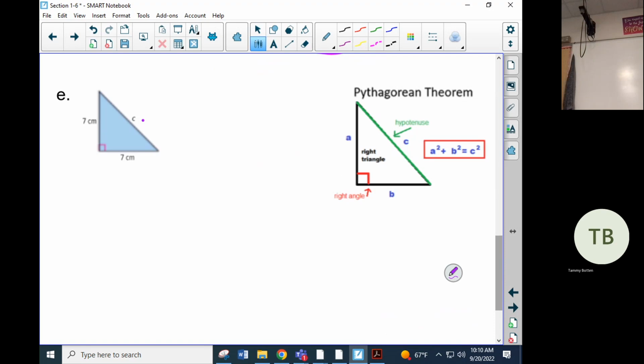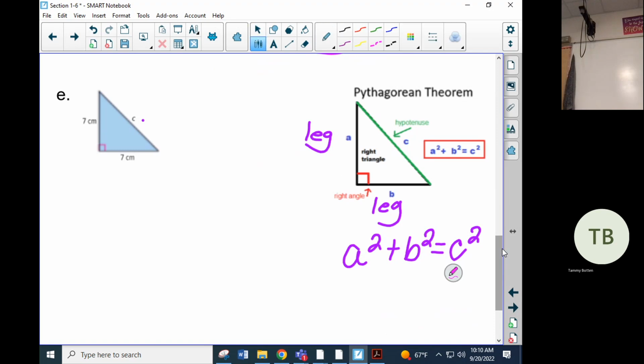So with Pythagorean theorem, you have your two legs, which we call A and B, and the hypotenuse is across from the right angle. And remember, Pythagorean theorem is a squared plus b squared equals c squared, and c has to be the hypotenuse.